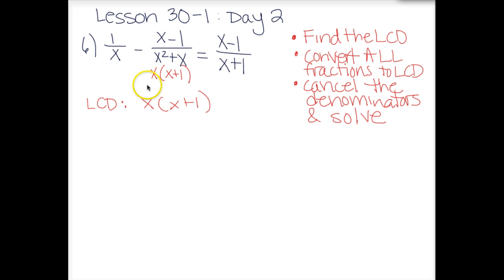The first thing that we do is look for what they have in common, any of those three fractions in the denominator. Well, they have an x in common here, so I write down x. Then they also have an x plus 1 in common, so I write that down. There is nothing left over. If there were anything left over, I would have to include it, but in this case there's not.